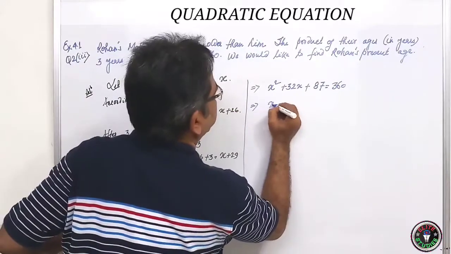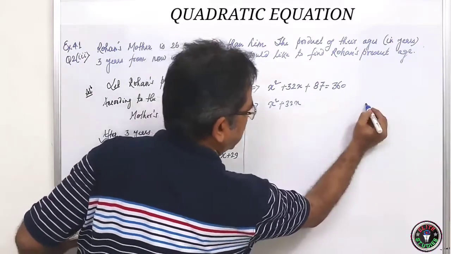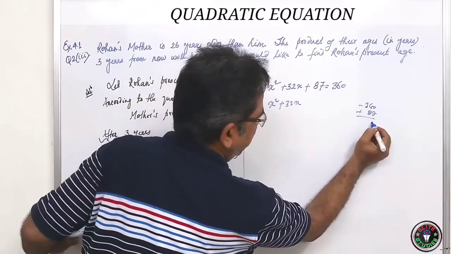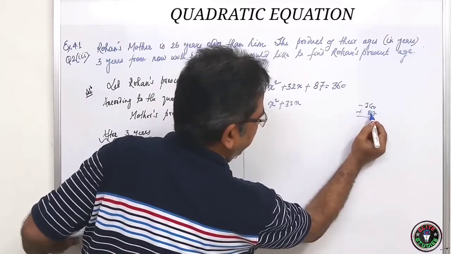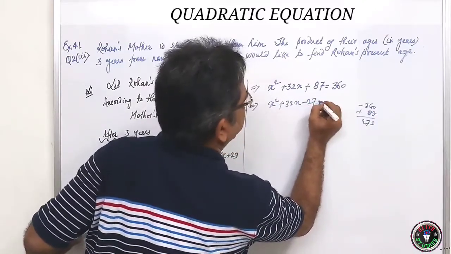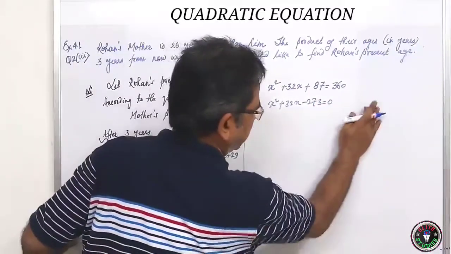So x square plus 32x, 87 minus 360, it will be minus 273, is equal to 0.